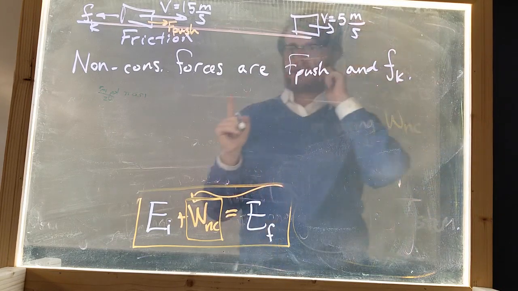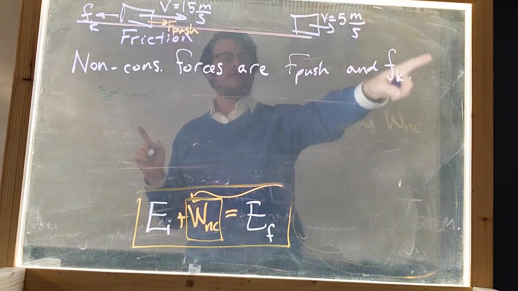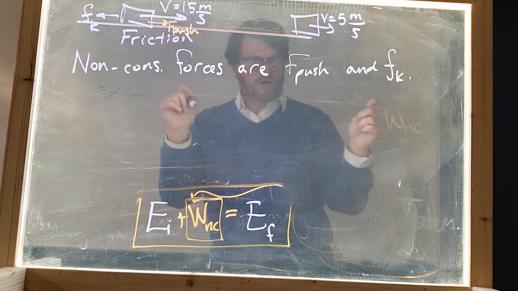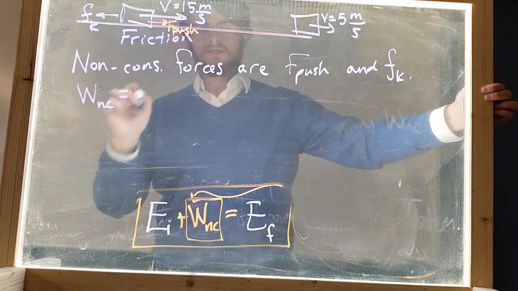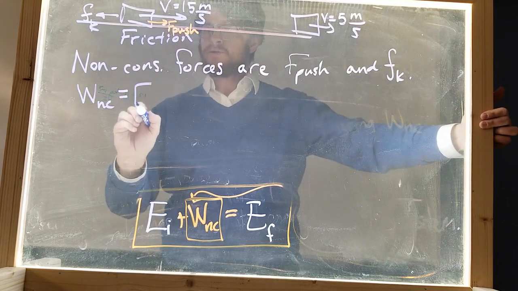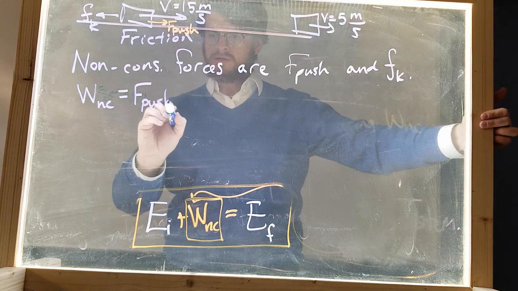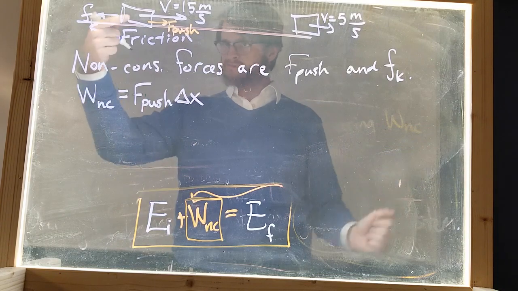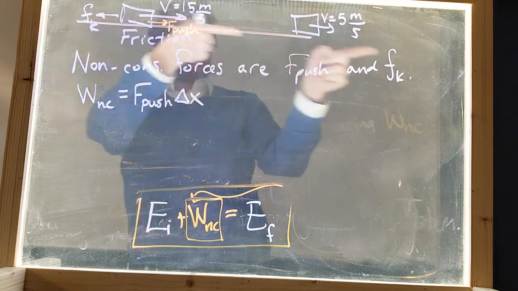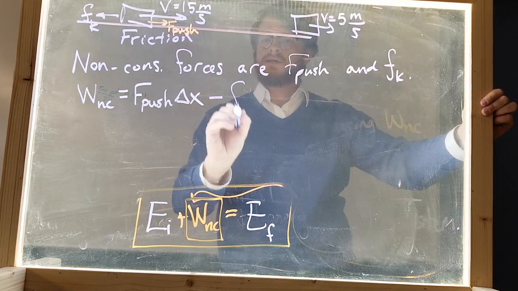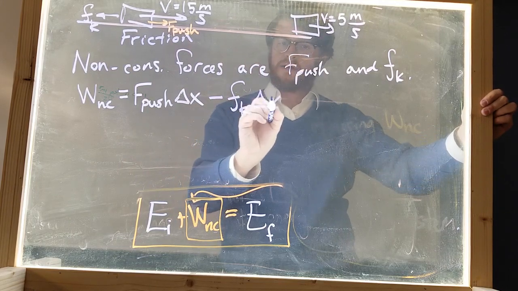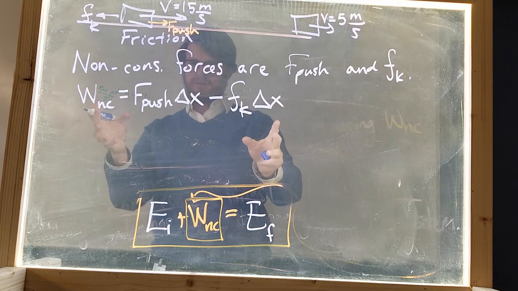So the work due to non-conservative forces will have two sub-works in them, essentially. So the work due to non-conservative forces is equal to the force of the push times delta x, and that's positive because delta x points to the right, push points in the same direction, but it's going to be minus Fk delta x because friction points against the motion there.